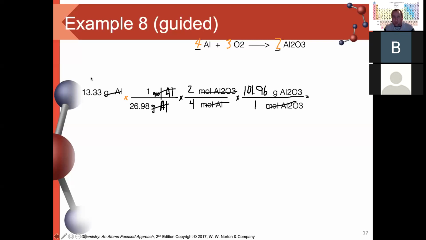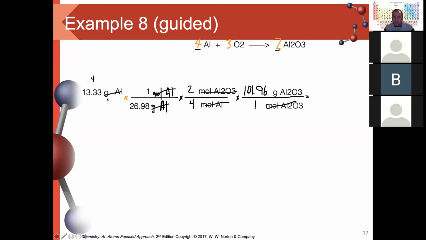And so I have 4 significant figures in this. I have 4 in that. These numbers are exact. I have 5 in this mass. So of the sig figs that I can count, 4 or 5, 4 is the lower number. So I'm going to round to 4 significant figures. That's going to give me 25.19 grams of aluminum oxide.